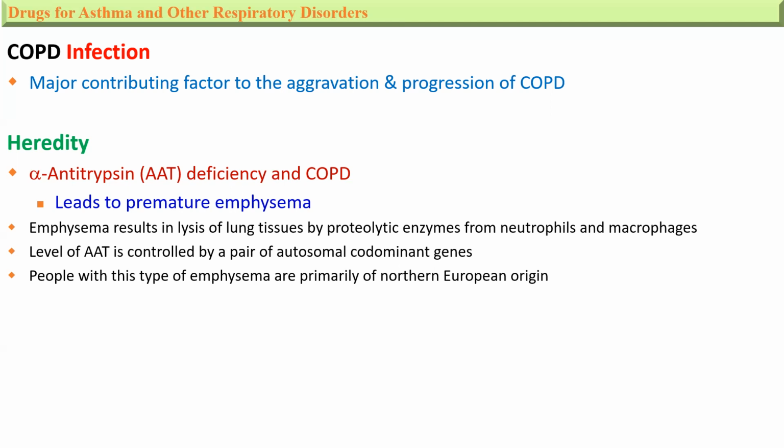AAT, the alpha-1 antitrypsin, is an enzyme produced by the liver and normally found in the lungs. Deficiency of the enzyme may lead to premature emphysema. Emphysema results in the lysis of lung tissue.